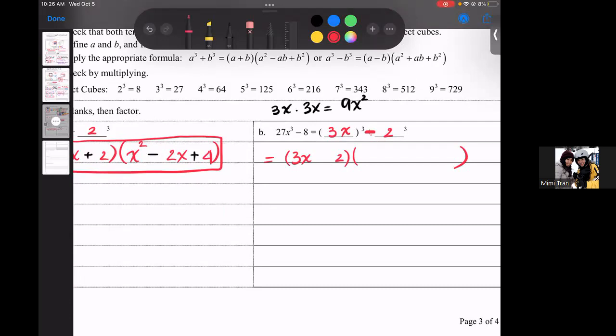And then 2 times 2 is 4. And then 3x times 2 is 6x. Someone give me the sign, and then we can leave. Let's do SOAP: same as the original, opposite. So opposite of the original is plus, and always positive. Right? Yay, done.